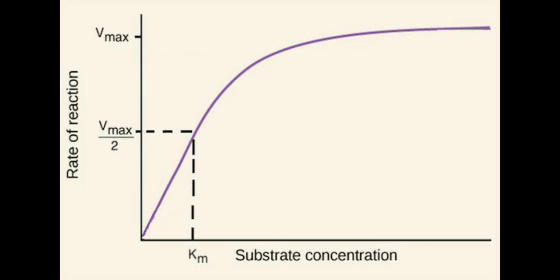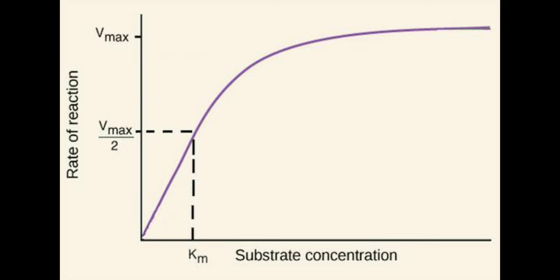Now you can imagine, if we compare two reactions, the more the affinity of the substrate towards the enzyme, the lesser the Km value, meaning a lesser concentration of substrate is enough to get half of the maximum velocity of the reaction.